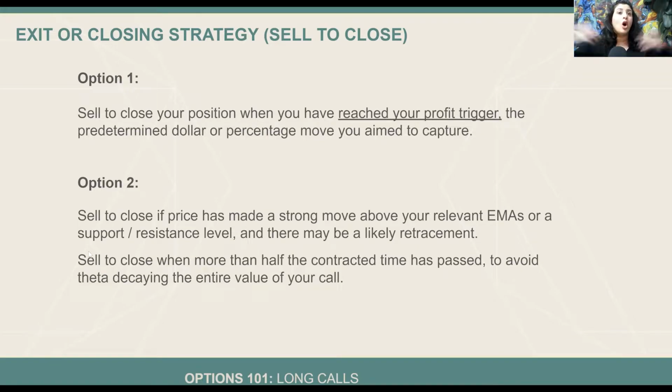So before you lose all that time value, you can close your structure and reposition yourself in a different stock or equity or ETF or index, but make sure that you're not just riding on hope that something is going to happen. Especially if you're nearing that halfway point in the contract and the underlying hasn't done what you expected it to do, then you really do need to have a strong thesis as to why you are still hanging on.